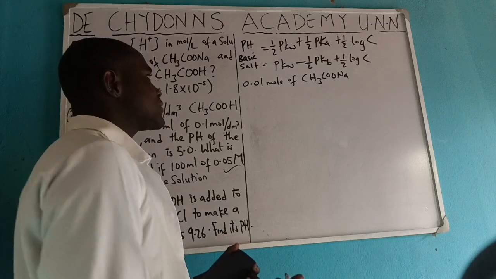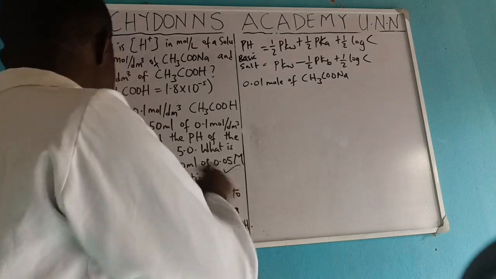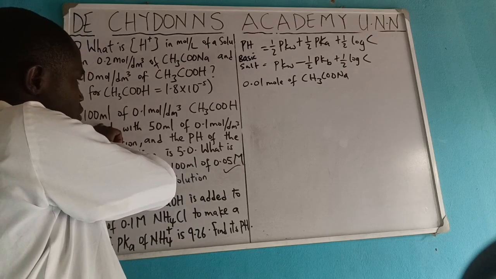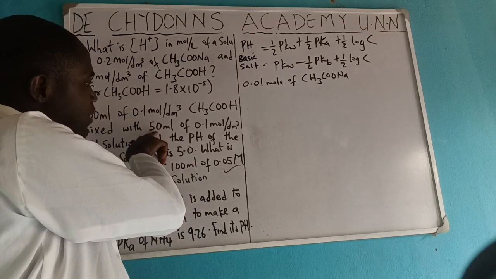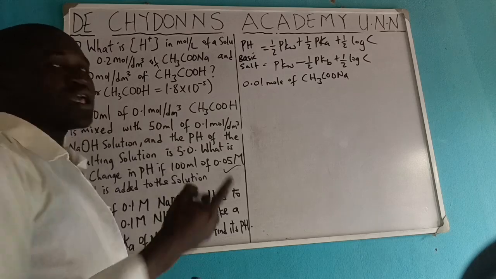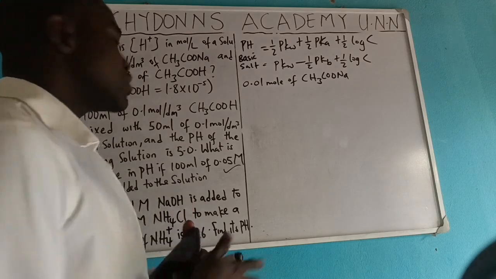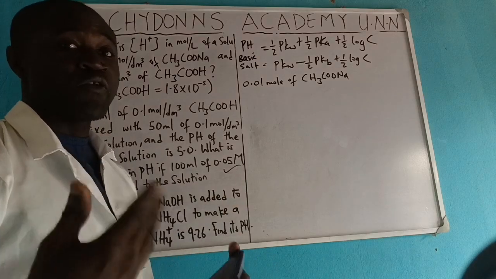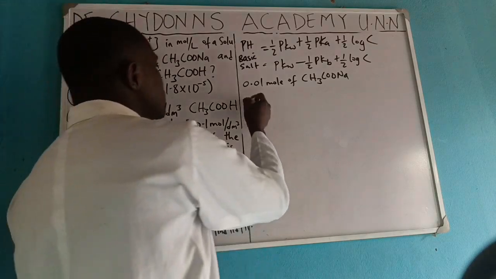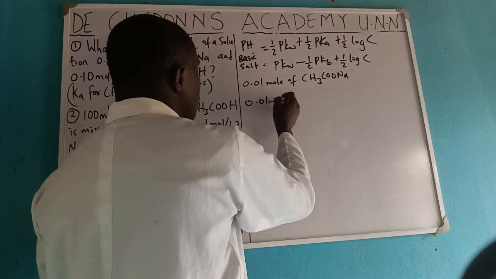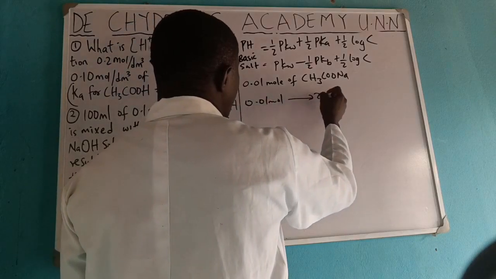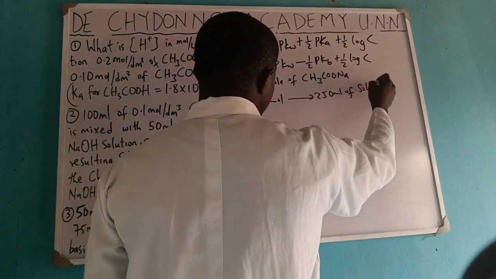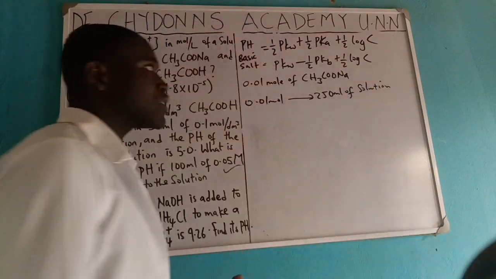How do we get it? You say that what we have here is 100 ml plus another 50 ml, which will give you a total of 150 ml. Then plus another 100 ml of sodium hydroxide will give you a total of 250 ml. That means this 0.01 mole is inside 250 mls of what? The solution, that is salt and water.